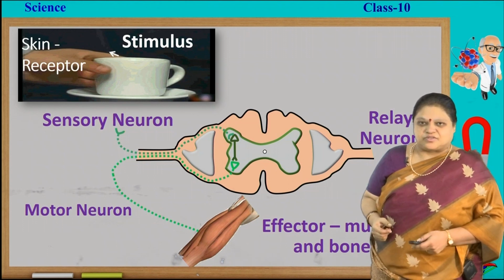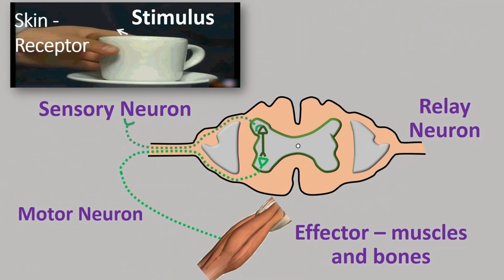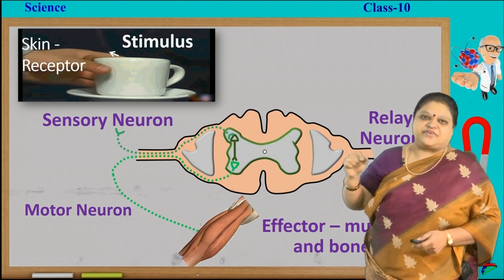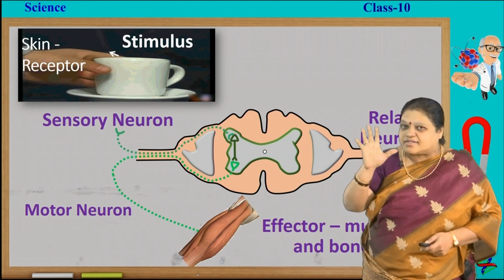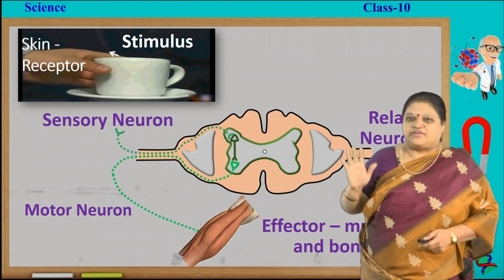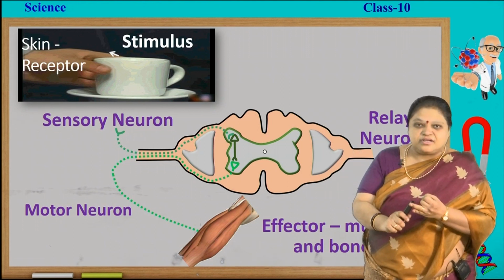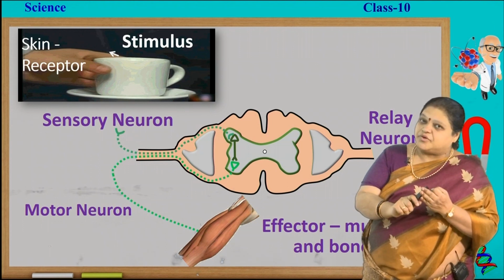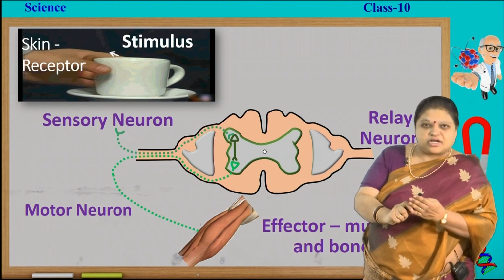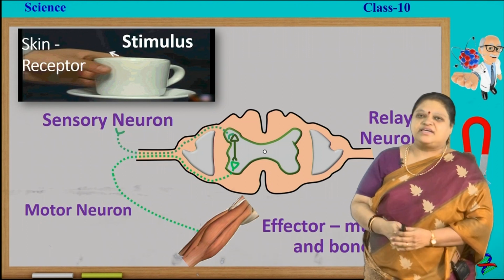I hope you understood. The first is the receptor, next the sensory neuron, next the relay neuron, next the motor neuron, and finally the effector. So, totally 5 parts are involved in this reflex action. First is the receptor, second the sensory neuron, third the relay neuron, fourth the motor neuron, and finally the fifth one is the effector.